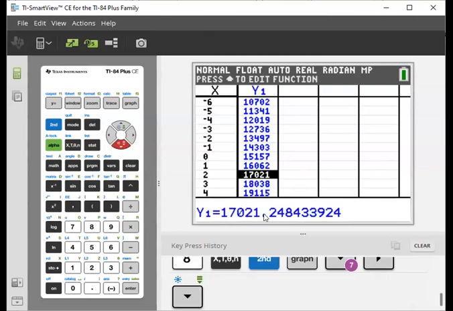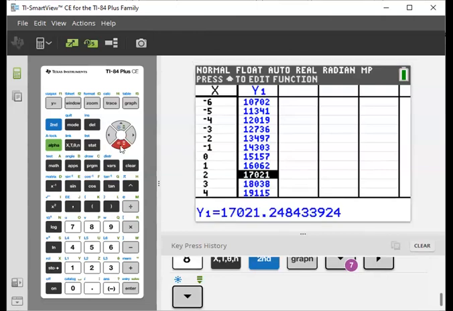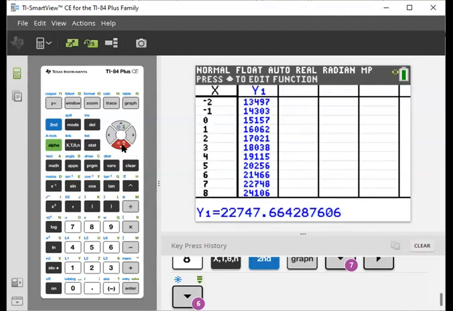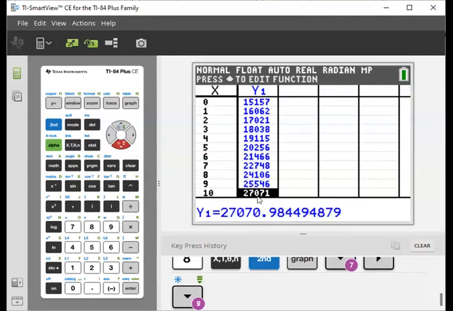It's $17,021.24. And then they want to know 5: 20,256.23, and then 10. So we would scroll on down and get that value. I just feel like using the graphing calculator does help you not make so many mistakes, but you're going to have to go over and highlight it to get the extra 2 decimal places.